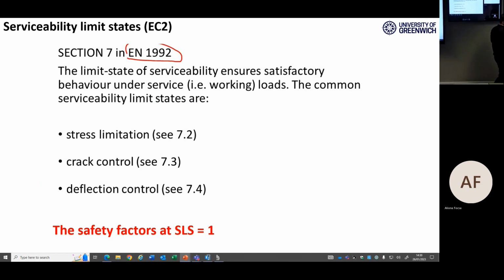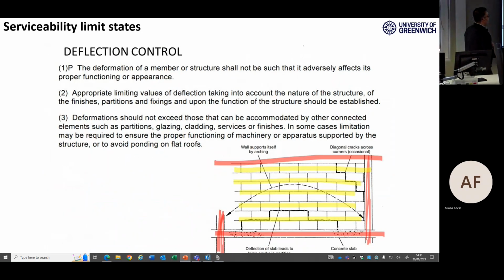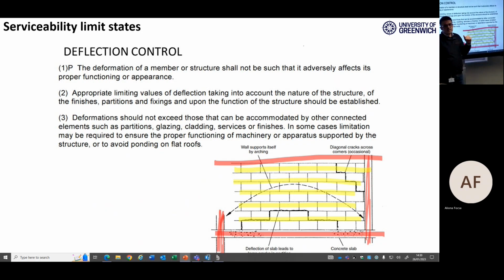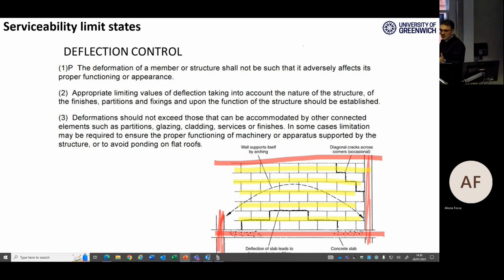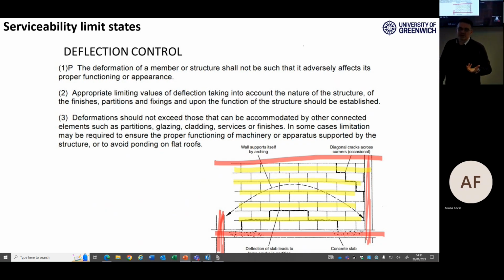For example, if your concrete beam has some significant deformation, which obviously sits on some infills, some very non-structural walls, it will make some cracks in this wall because it's pushing the wall down, isn't it? So you see some cracks in your non-structural wall, you don't feel very well.